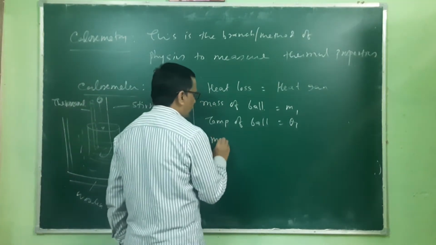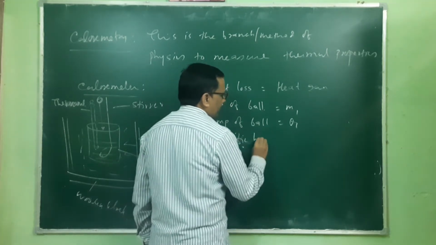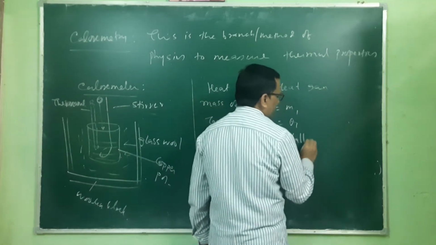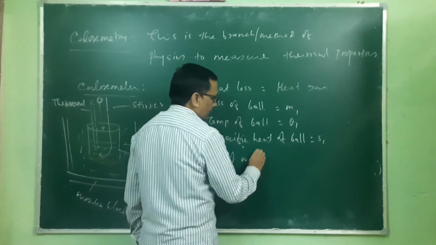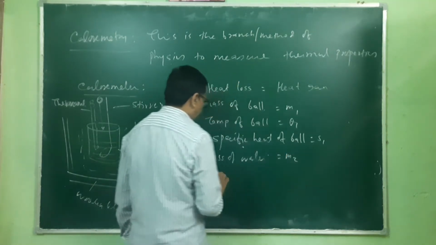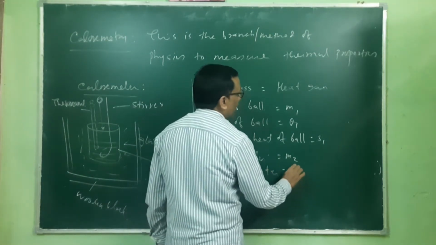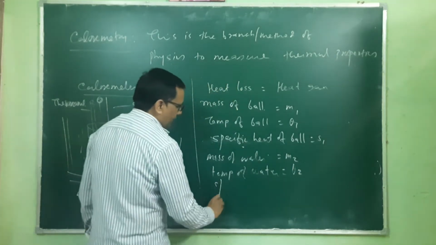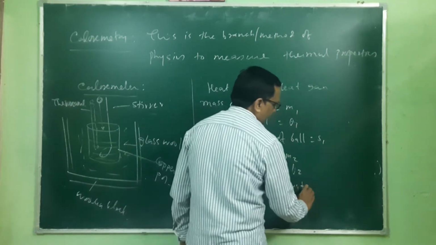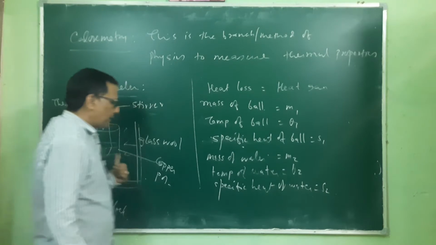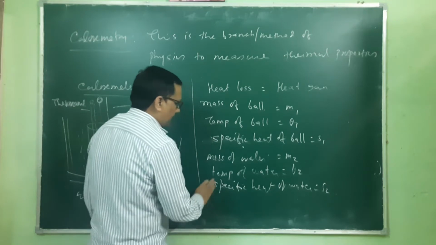The specific heat of the ball is S1, the mass of water is M2, the initial temperature of water is theta2, and the specific heat of water is S2. We have this copper part also, so we also mention its mass, specific heat, and temperature.